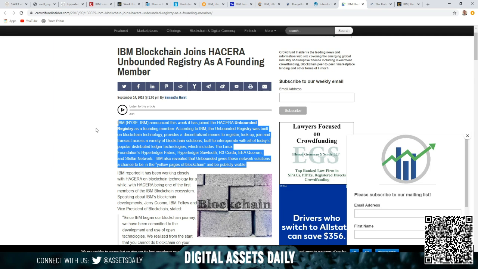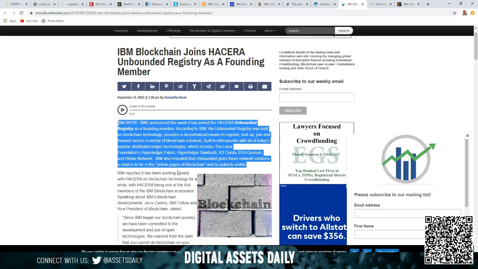According to IBM, the Unbounded Registry was built on blockchain technology, provides a decentralized means to register, look up, join, and transact across a variety of blockchain solutions built to interoperate with all of today's popular DLT, which includes the Linux Foundation's Hyperledger Fabric, Hyperledger Sawtooth, R3 Corda, EEA Quorum, and the Stellar Network.